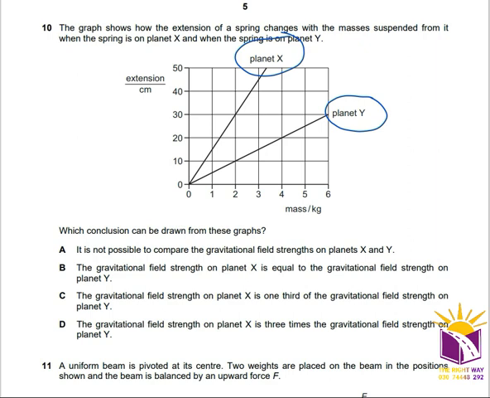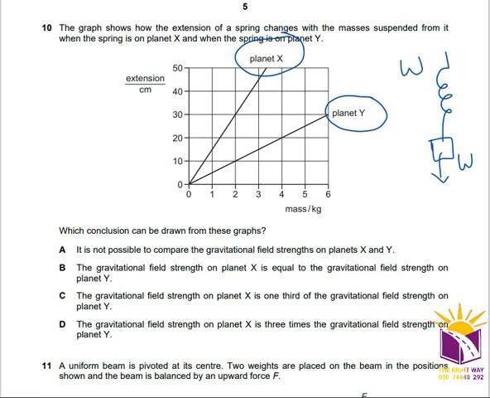So we know that the extension is due to the weight of the body, because when a spring is suspended, weight is the one that acts and extends the spring.